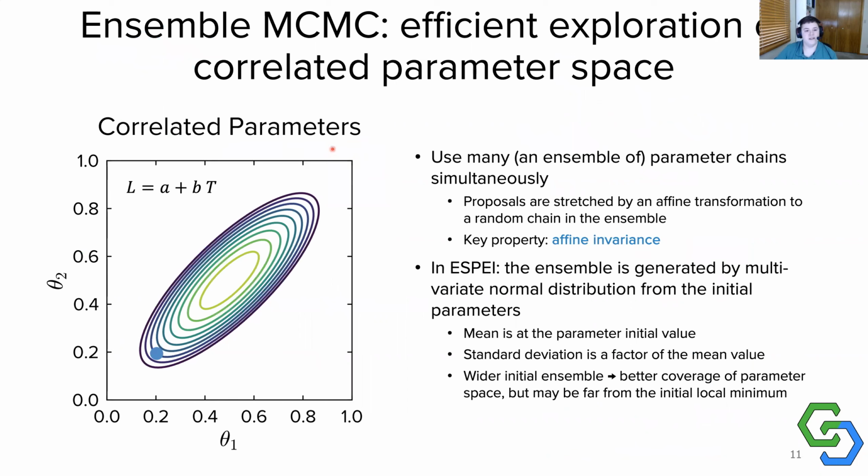But there are some other considerations that we need to take into account. For example, in CALPHAD, we know just from our knowledge of the form of these parameters that there can be some correlations. In this example, just imagine this 2-parameter space, theta1 and theta2, might be coefficients in some excess parameter that's modeled as L equals A plus BT.